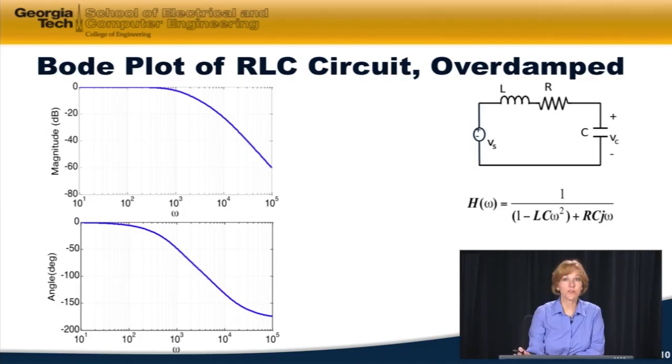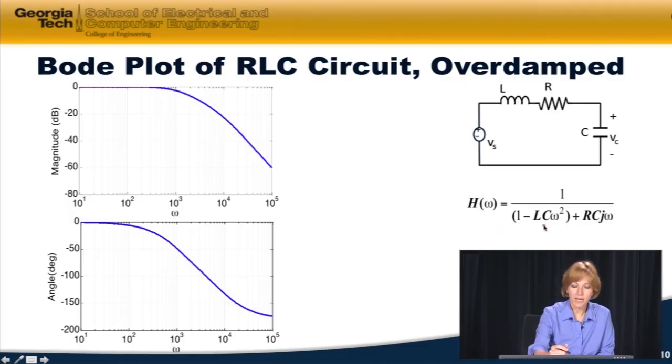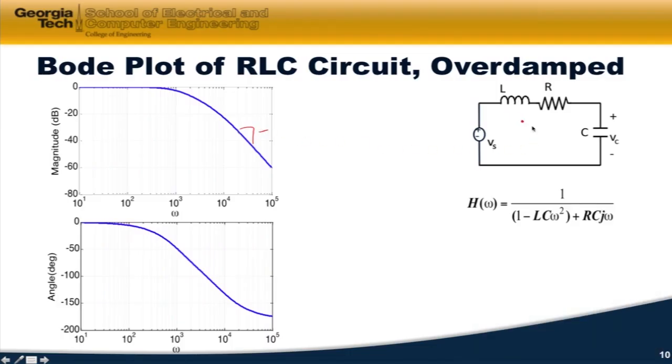This is an RLC circuit. It's a second order circuit, and there are two cases that we're going to look at. One is called overdamped, and the other is called underdamped. So this is a transfer function. We've seen this before, and at high frequency, I can figure out what this slope is. Because this is a second order circuit, I've got an L and a C, so this is minus 40 dB per decade. And I can figure out the corner frequency by drawing these asymptotic lines.